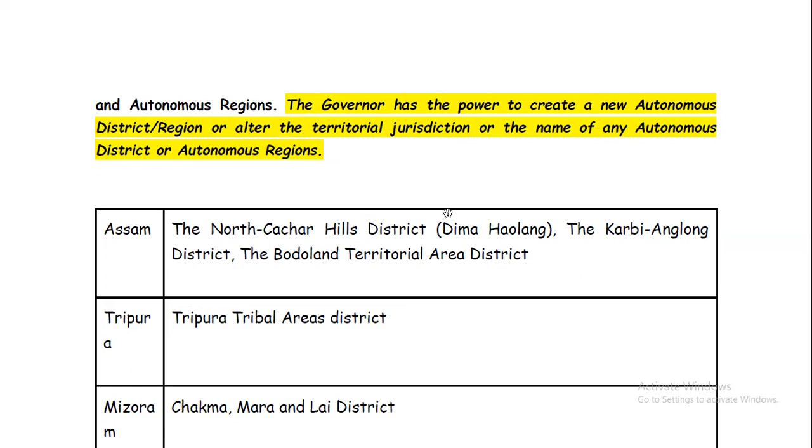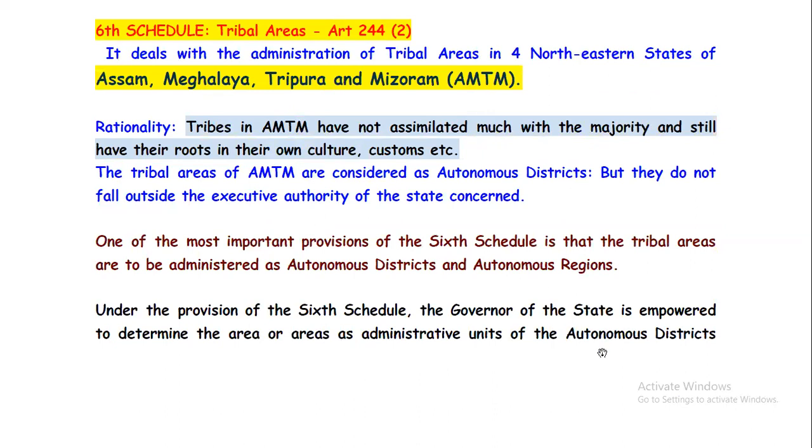So here you can see that the governor's power in these particular states is comparatively more than the governor's powers in other states, because they have special power with respect to autonomous district and autonomous region creation under the 6th schedule.